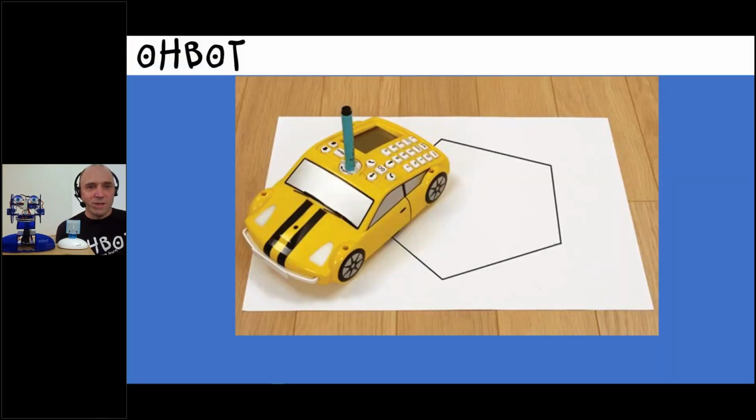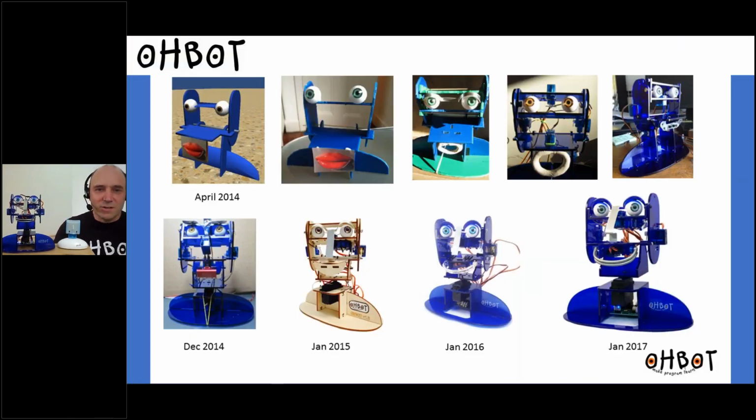And you can see that we've been busy. These are some of the stages in developing OHBot, from something that was made from bits of cut out plastic, stuck together, through early prototypes and through to the OHBot that we have here.